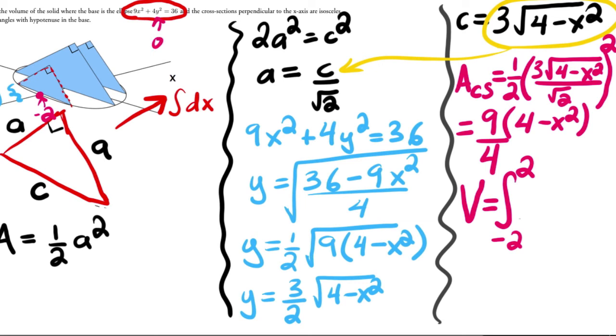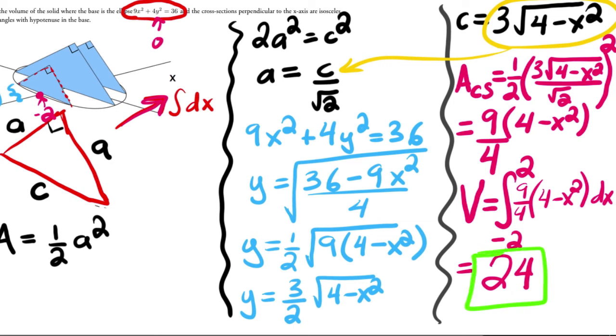So from -2 to 2, we're going to integrate 9/4 times 4 minus x squared dx. And when all is said and done, this whole thing is equal to 24. So we'll get the antiderivative, top minus bottom. I ran out of room, but you guys can finish it off from there.